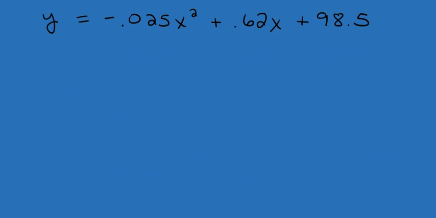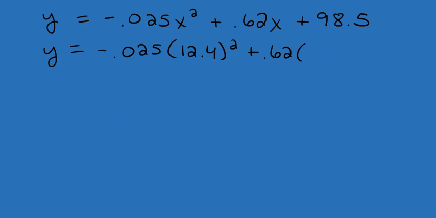Now that we have x, we need to substitute that back into the original equation and solve for y, which was maximum temperature. So the equation becomes y is equal to negative 0.025 times 12.4 squared plus 0.62 times 12.4 plus 98.5.